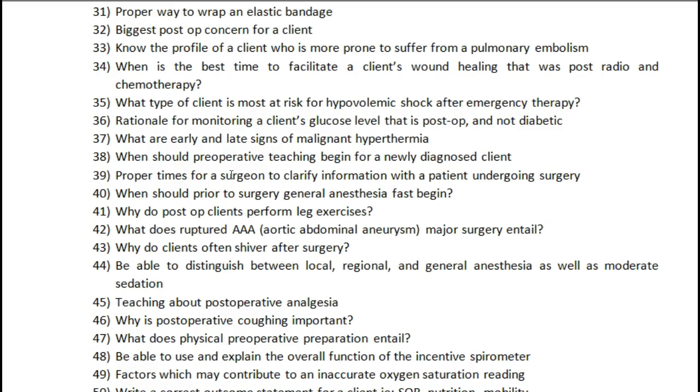Prior to surgery, general anesthesia, fast again. Okay, so let's say a person is going under general anesthesia. Y'all all know that they need to fast a minimum of 8 hours prior to surgery.